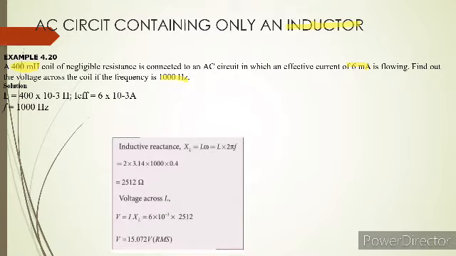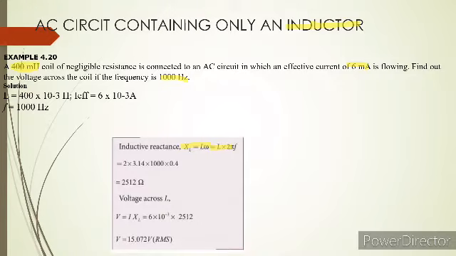Now let's see how to solve it. We have to find out the voltage, right? So let us first write the formula of inductive reactance. The inductive reactance formula is given by L into 2 pi f. Omega is nothing but 2 pi f.